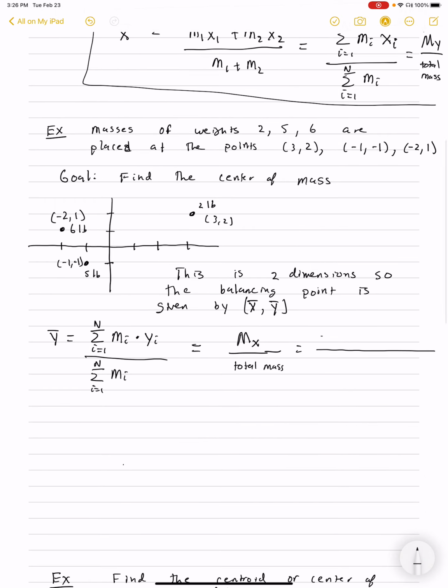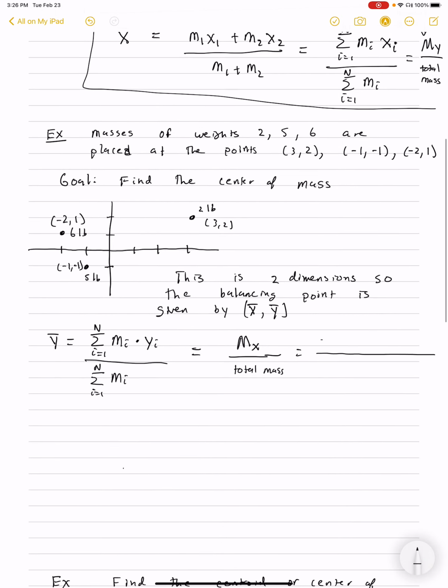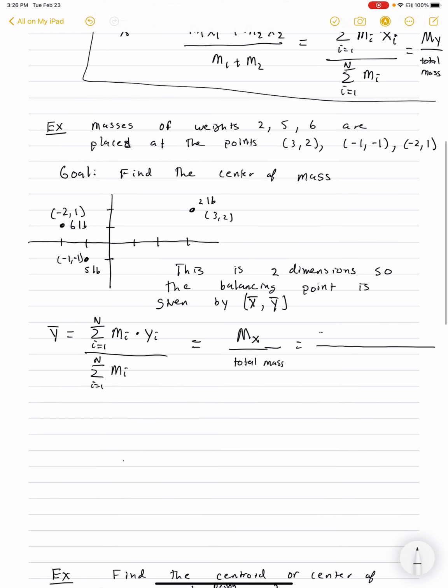Okay, so my balancing point in the y direction is going to be the mass of 2 times the y value of 2, plus the weight of 5 times the y value of minus 1, plus the weight of 6 times the y value of 1. Then we divide by the total mass.